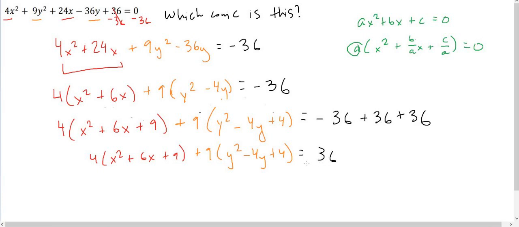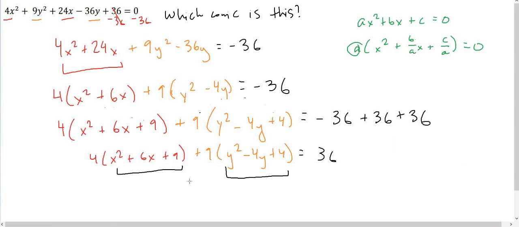Now, if you notice, these are perfect square polynomials. So we can basically just reduce this to x plus some h quantity squared. And if this looks familiar, we're starting to get closer to the form that we want for the conic sections.